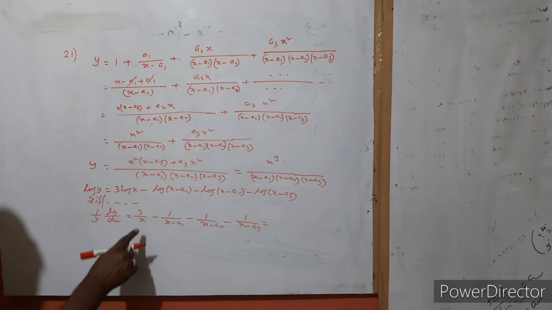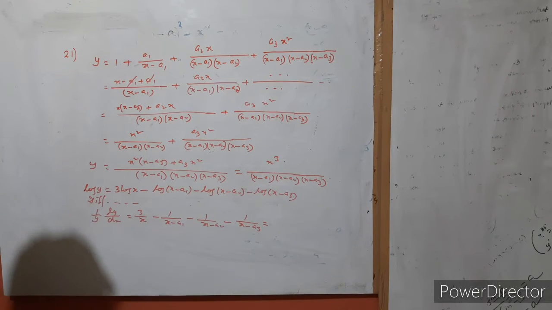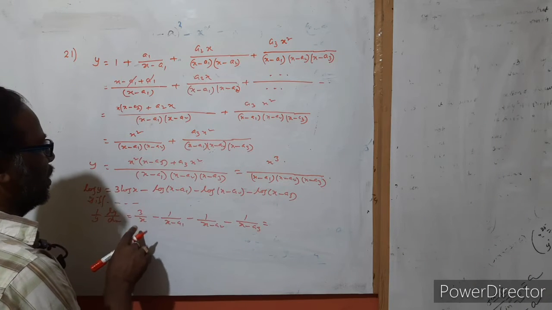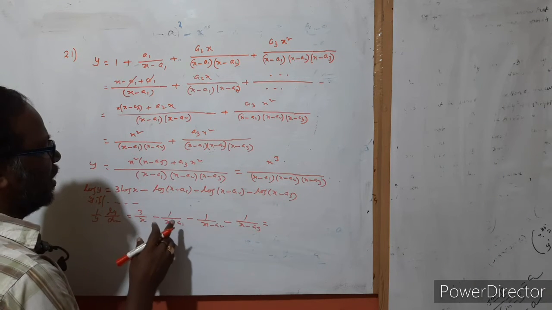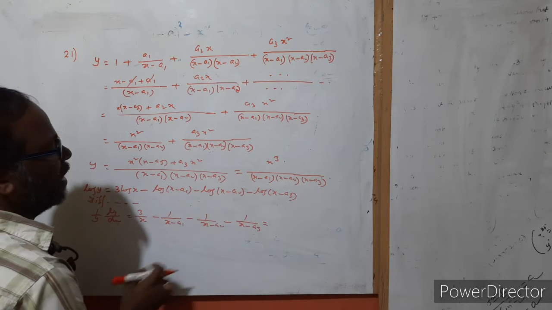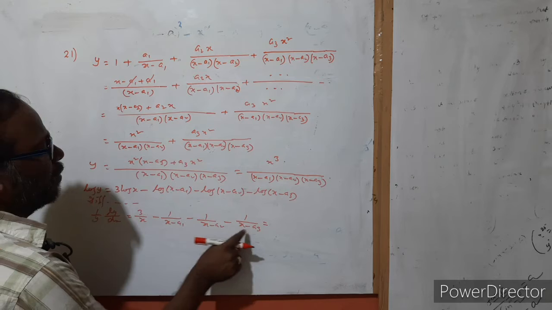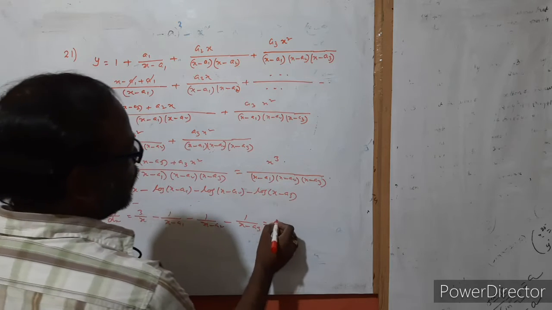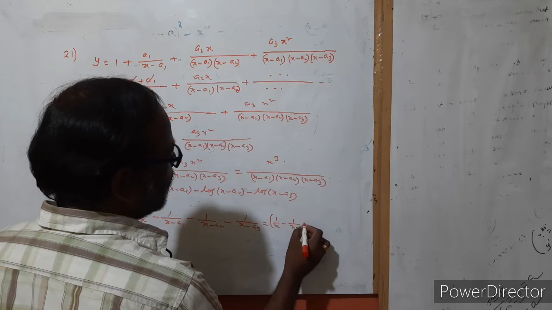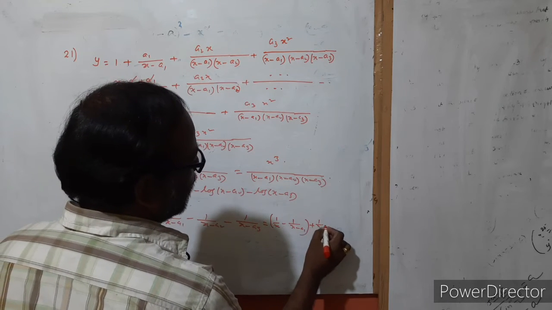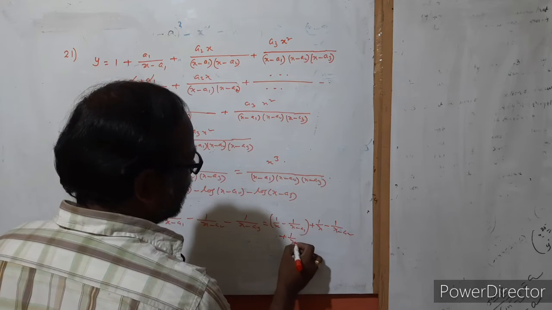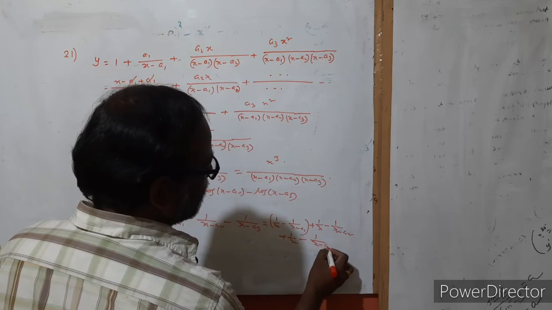See, this 3 by x is partitioned as 1 by x, 1 by x, 1 by x, and simplified with the first, second and third parts, and then we get 1 by x minus 1 by x minus a1, 1 by x minus 1 by x minus a2, 1 by x minus 1 by x minus a3.